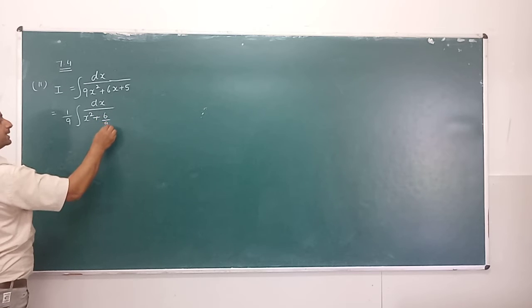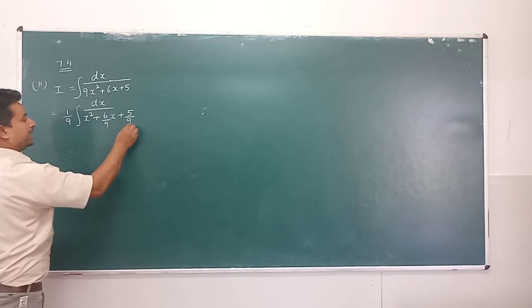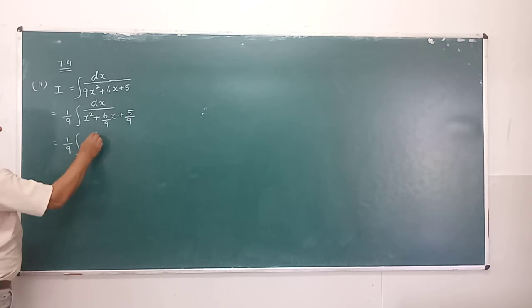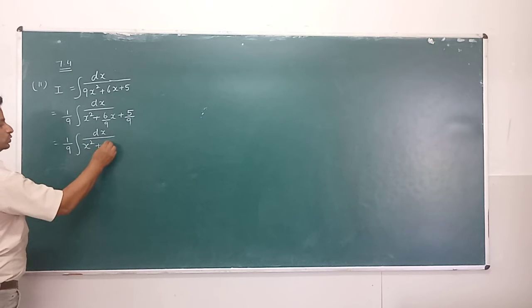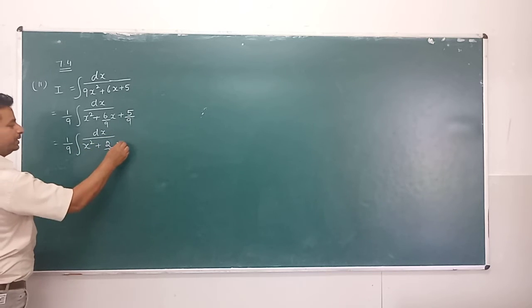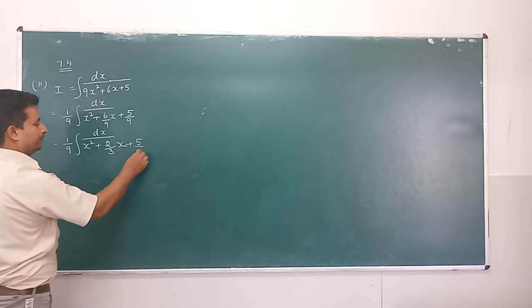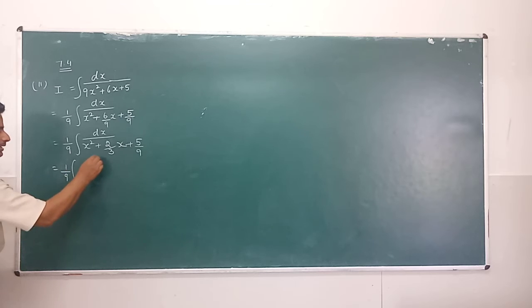So this is x square plus 6 by 9x plus 5 on 9. When we cancel out this 6 by 9, it's 2 upon 3, x plus 5 on 9. After this, we complete the square.